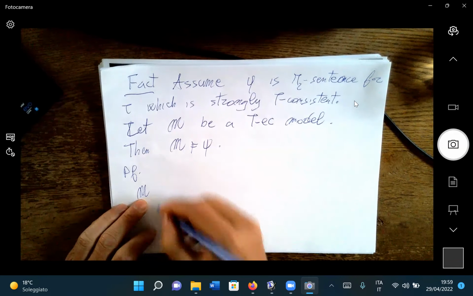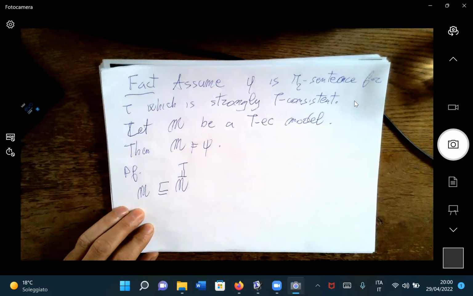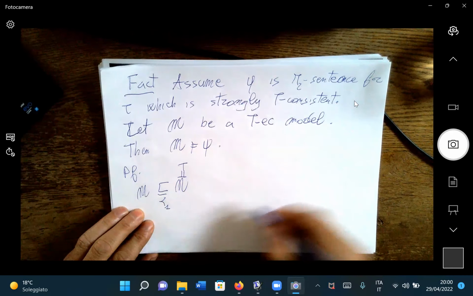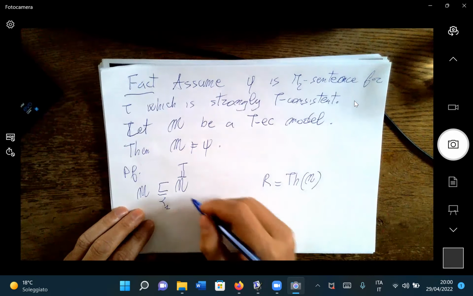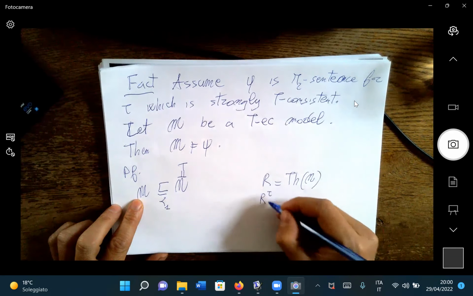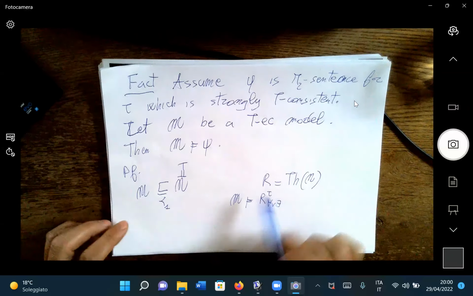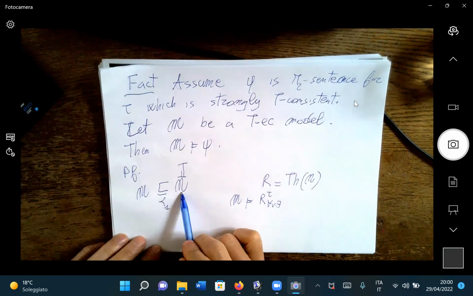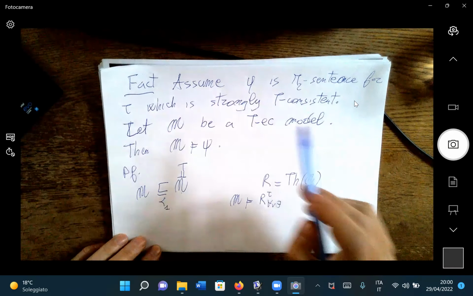And we get to a model N, which is a model of T. Actually here we have sigma 1 elementarity, and now we let R equal the theory of N, and we get that R tau for all well exist is realized in M, because here you have sigma 1 elementarity, so every Boolean combination of universal sentences which is true in N is also true in M. And now we plug in the fact that C is strongly T-consistent.